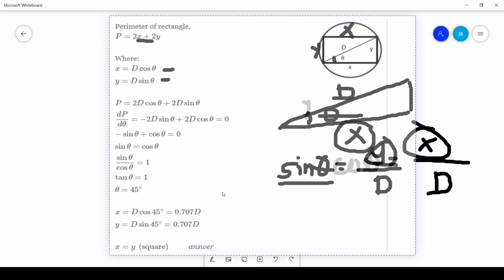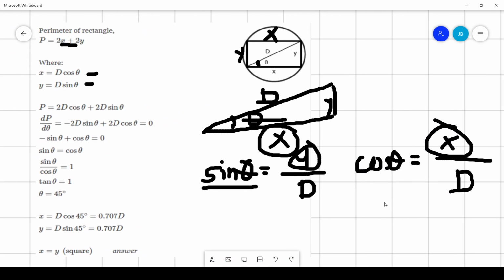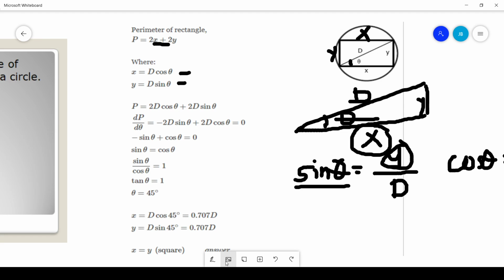Now going back to the solution. You simply substitute X and Y in the perimeter of the rectangle, and then you are going to derive. Take D as constant here. What's the derivative of cos? That's negative sine, that's why I have negative here. And what's the derivative of sine? That's positive cosine, equal to 0.